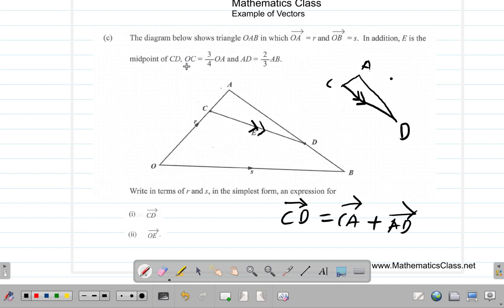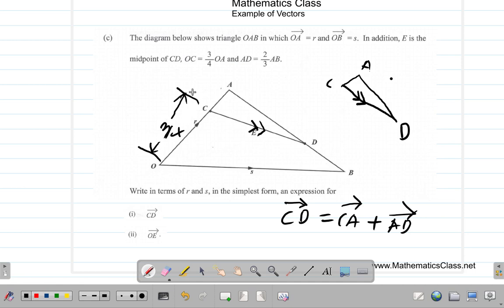Here, OC, from O to C, is 3/4 from O to A. Now, if this is 3/4 of the way from here to here, what is the rest of the way, the remaining journey? It must be 1/4. You see that?